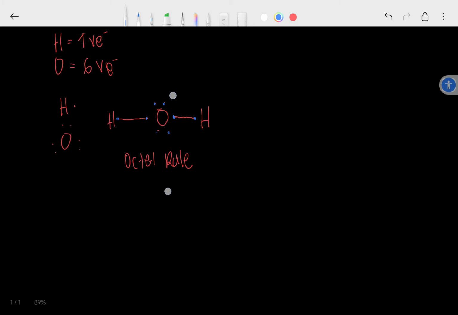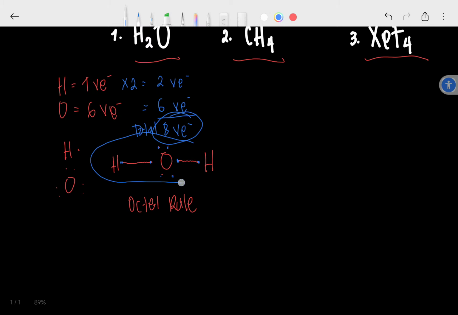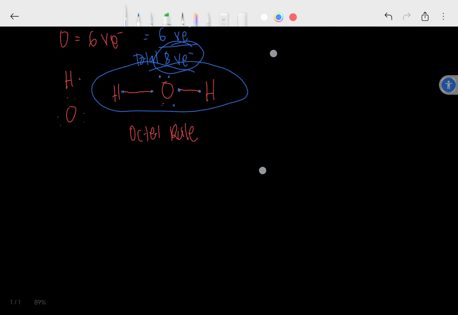Since each hydrogen has 2 valence electrons and oxygen has 6, the total is 10 valence electrons. This is the total, which already satisfies the Lewis electron dot structure.